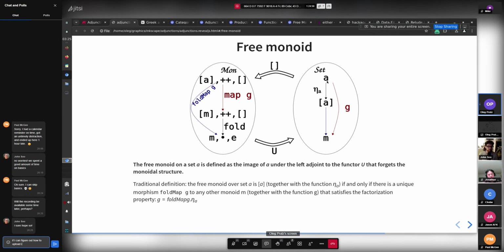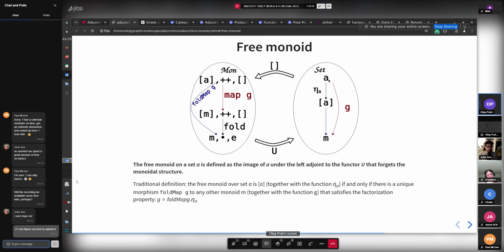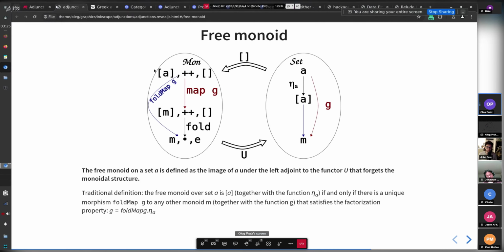So if you take an object, a set A, its image under that left adjoint is going to give you a free monoid on A, which for now we are pretending is a list, or any sequence type like Seq or a vector, right?